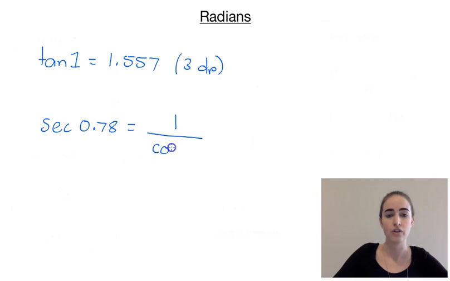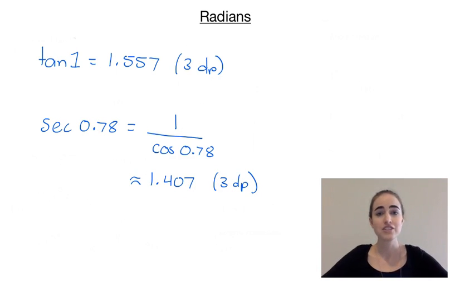So we'd have 1 over cos of 0.78. And again, making sure that that's in radians mode, if we round that to 3 decimal places, we'd end up with 1.407. All right, so that's an introduction to radians.